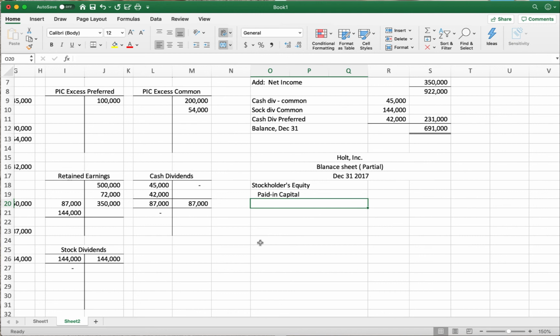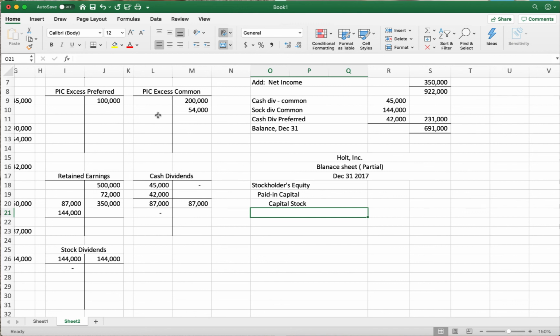So I'm going to start with the first header. I'm going to indent 3, and I'm going to say capital stock. Now I'm going to indent 4, and I'm going to list all the stocks that we have.